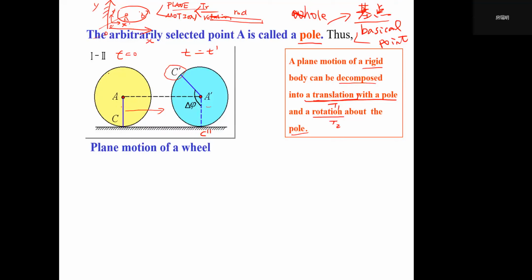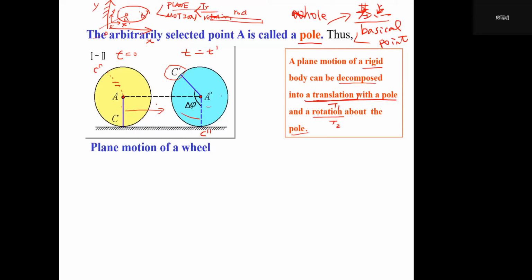So first, it can keep the original position, but let its CA rotate with this angle, this phi from C to C double prime here. Then it translates with this orientation never changing from here to here. See, we'll always reach the final position of this wheel.